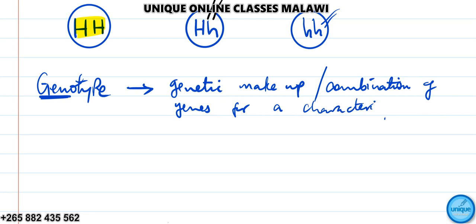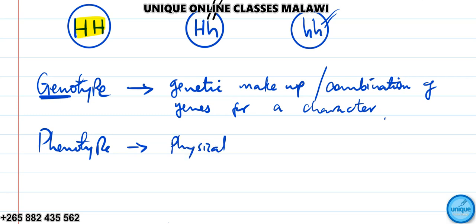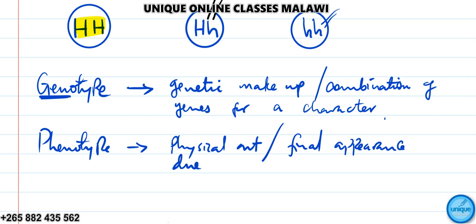When genes combine to make a character, that is what we call genotype. Whereas the phenotype we define as the physical outlook, the final appearance, due to the combination of genes.